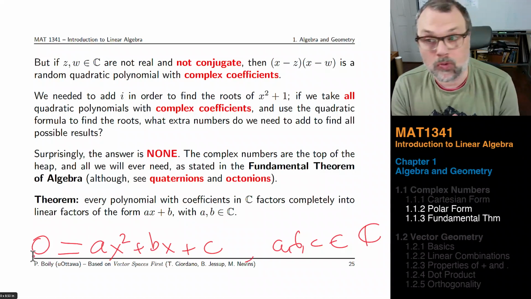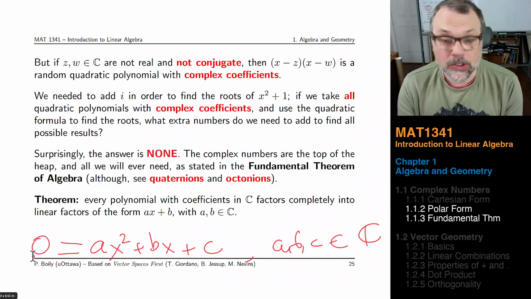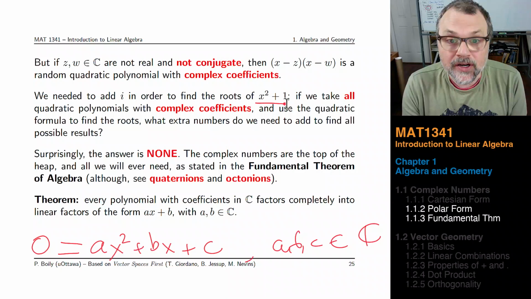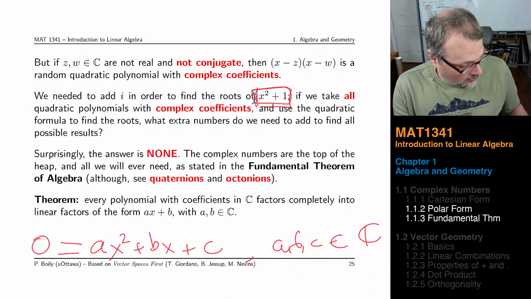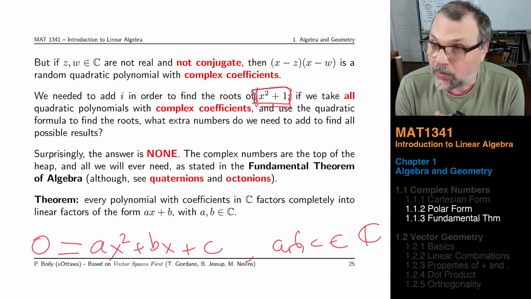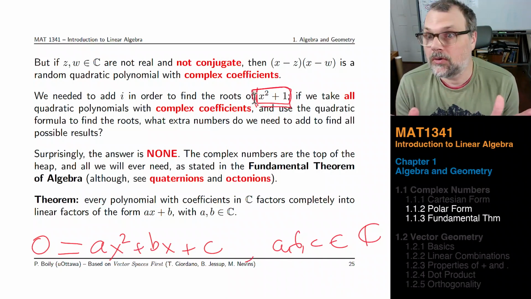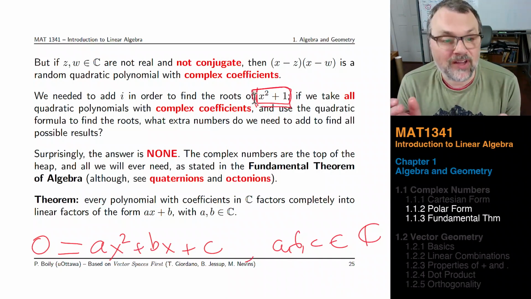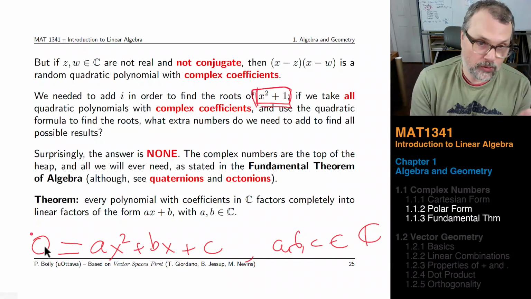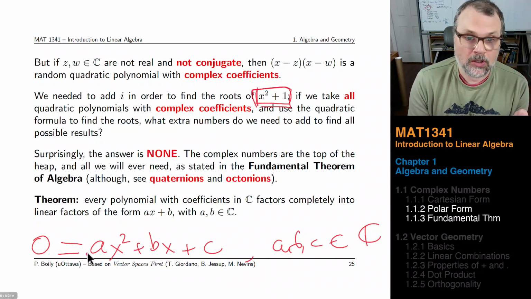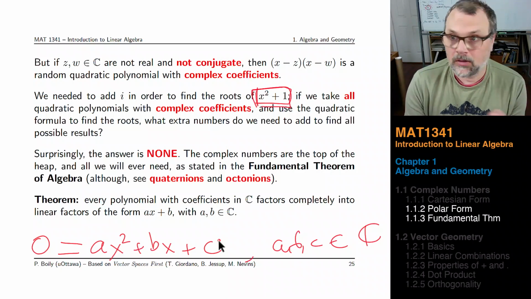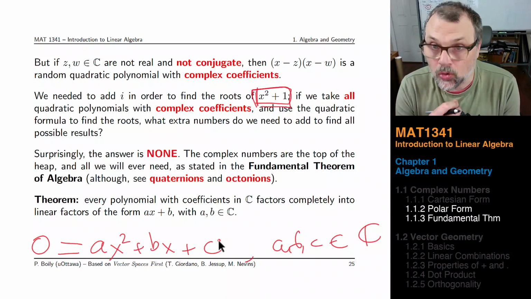And the answer is no. i, which is the very, very simple root of x squared plus 1, is enough to give you the solution of every polynomial with complex coefficients. We do not need more in order to be able to achieve solutions.